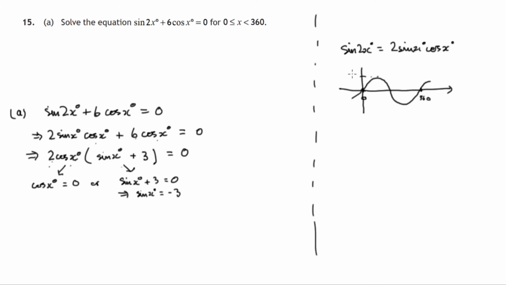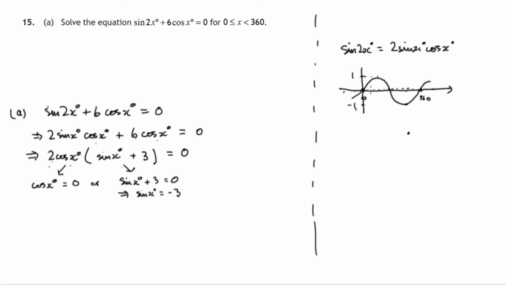Remember, it goes up to 1 and down to -1. Now, this equation would be asking us to find a value of x whose sine is -3. We're looking for a height in this graph of -3. So we're hunting for some angle where the graph goes down to about here.